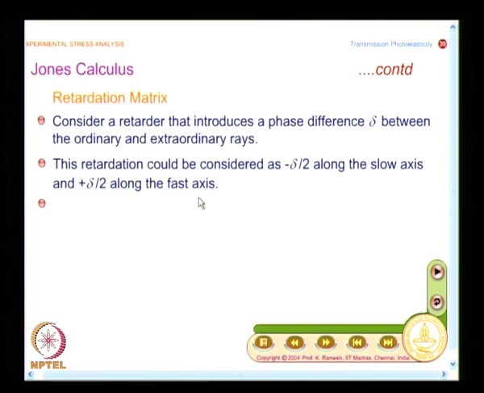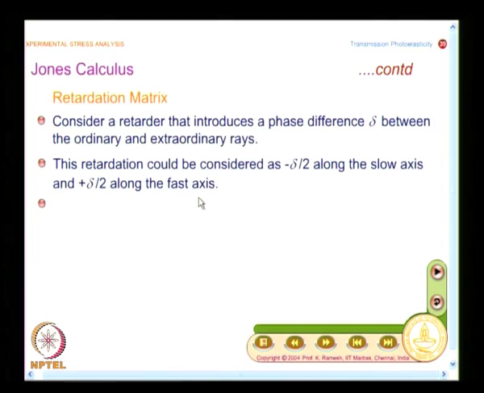The idea here is we would like to have a nice matrix representation, and we will follow some convention to facilitate how we analyze different optical arrangements. If we develop some equations to start with, the same set of equations could be used if we follow the same convention. That is the idea behind it, and we would like to have the slow axis oriented at angle theta.